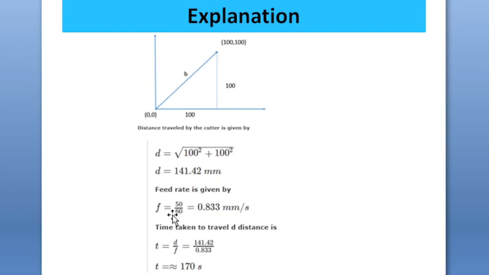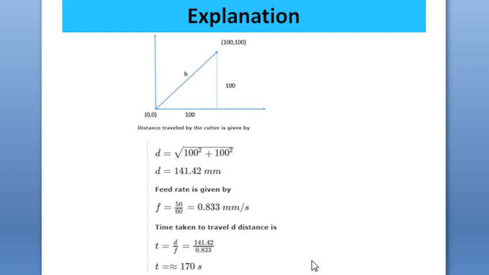The problem gives the feed rate in mm per minute. We have converted it to mm per second. First, we calculate the distance of the slot, then divide the distance by the feed rate in mm per second. 141.42 divided by 0.833, we get 170 seconds.